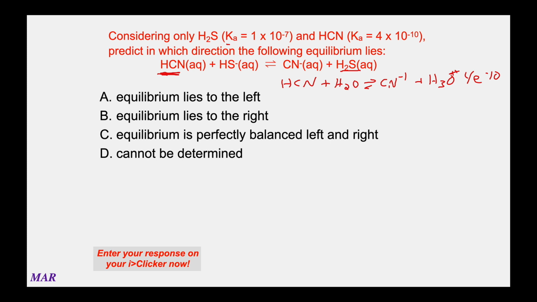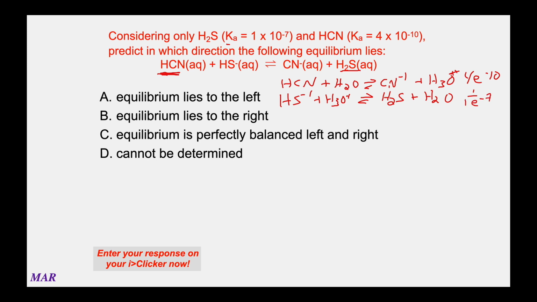So what that means is I would have H2S and water as products now because I'm reversing it. And then the conjugate base, which is HS minus, and hydronium would be my reactants. And the K here would be 1 over the K for H2S, so 1 over 1E minus 7.